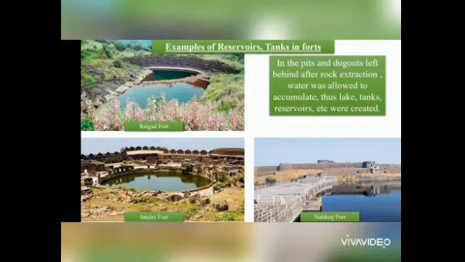Most of the hill forts in Maharashtra have lakes or elephant yards. Actually, these are old quarry sites. A quarry is a type of mine from where the stones are extracted.